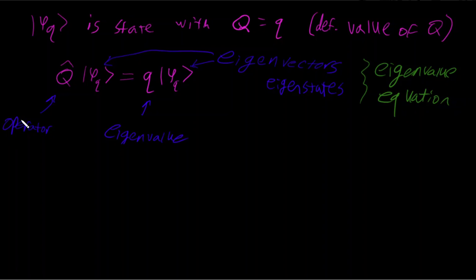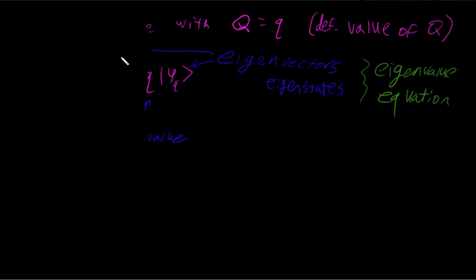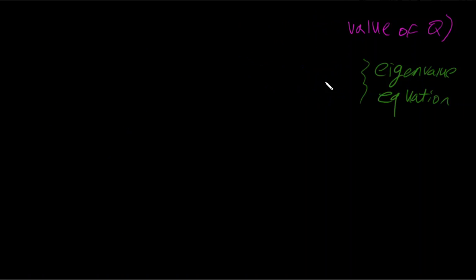Okay, so I'm going to erase this. Hopefully you've got it all down. Perfect. So now what I want to talk about are Hermitian operators. The first thing is looking at some operators in terms of inner products.